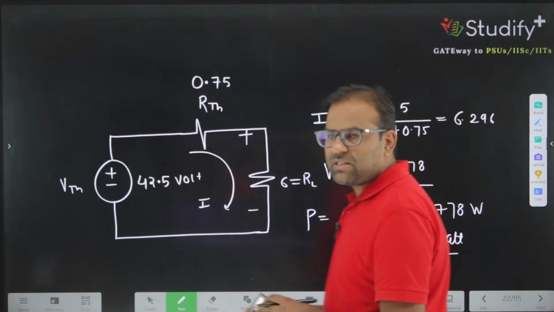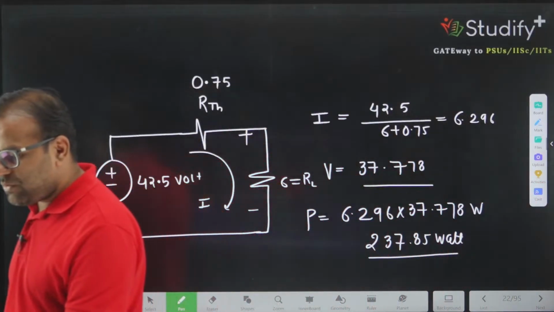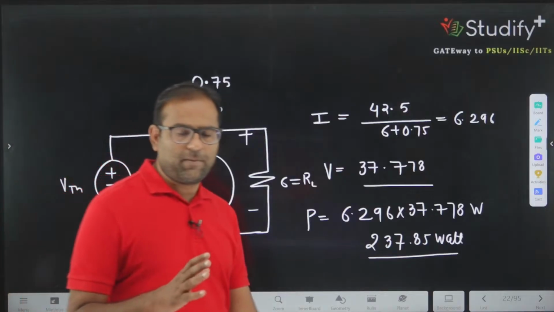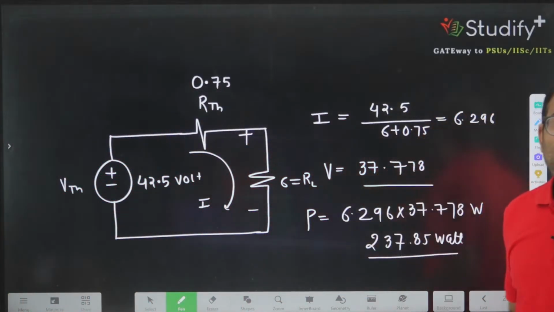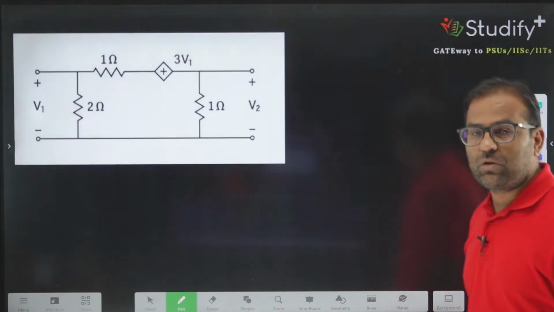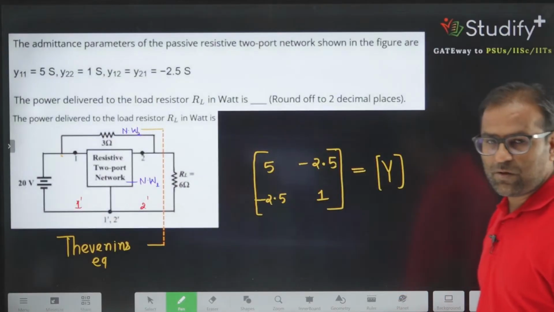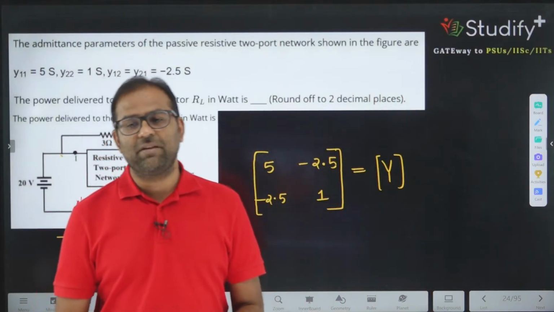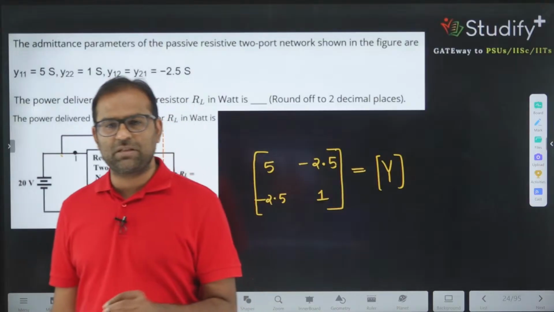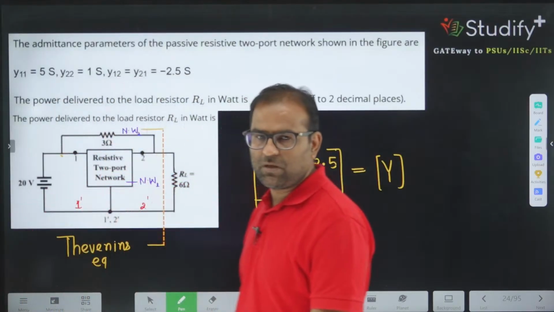As we have discussed in Z parameter also, whenever you have a question on the maximum power transfer theorem or power across any load, you can always use this concept: convert the right side network into the Thevenin's equivalent, and it will give you everything required to calculate the power delivered to the load.